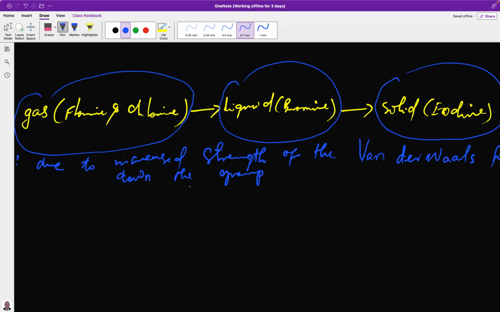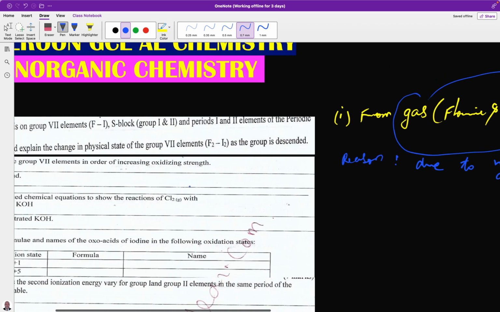When there is an increased strength of the van der Waals forces, high energy is needed to break the molecule. So that is why we go from gases to liquid and finally to solid, because as you go down the group, there is an increase in the number of electrons and in the molecular mass. Subsequently, there is increased strength of the van der Waals forces down the group. Okay, thank you for that.